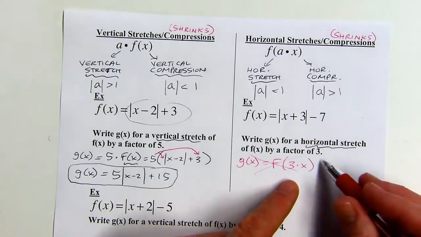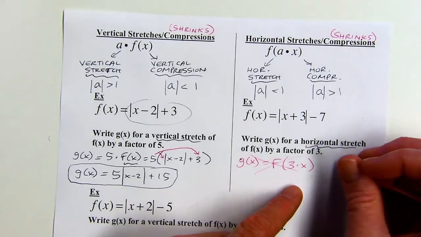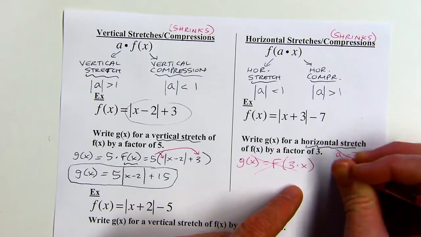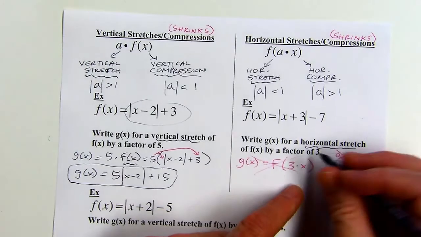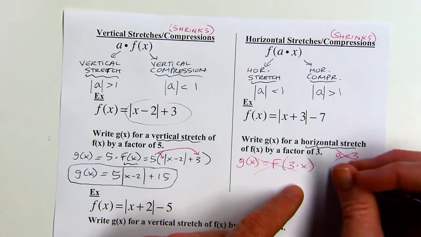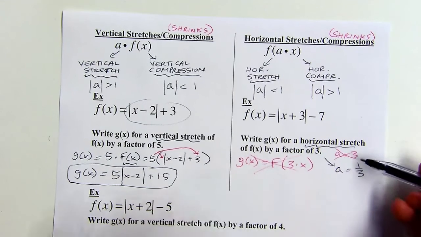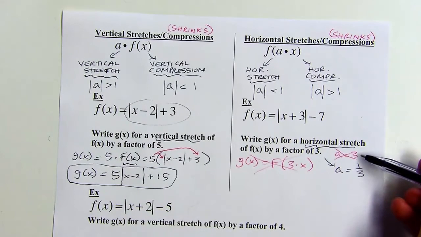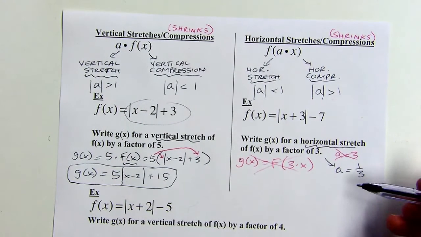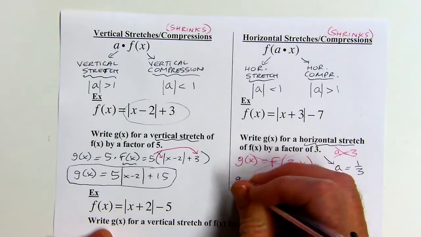So you might think that a would be 3, but it's not. It's actually going to be the reciprocal. So a instead is going to be 1/3. So the reciprocal means you flip it upside down in fraction form. So 3/1 would be 1/3. So I'm going to use 1/3 as my input, okay?